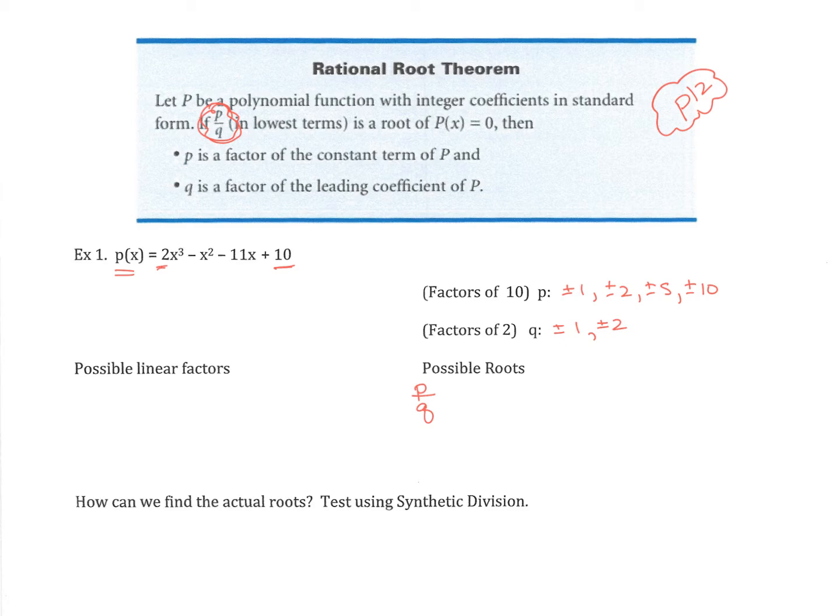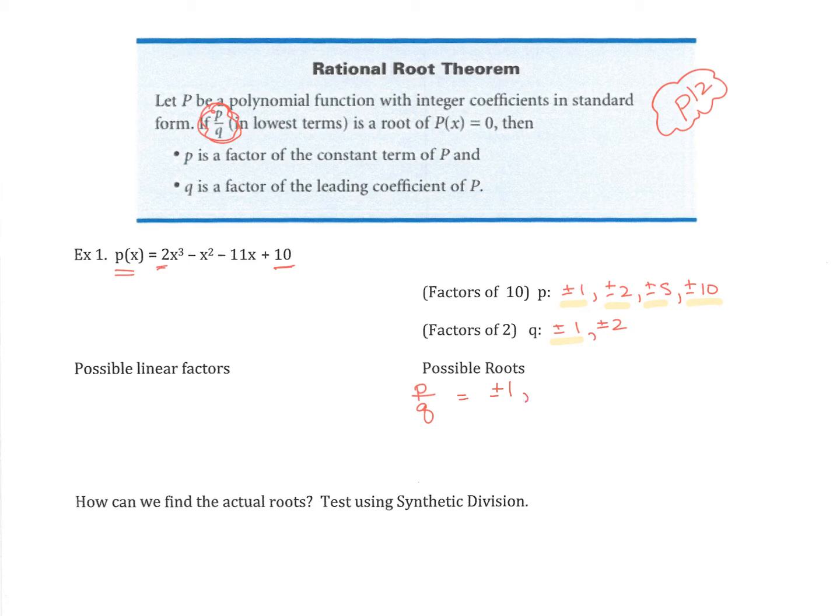And so let's take a look at what some of those numbers would look like. So right now, let me grab my highlighter. I'm going to take each one of these numbers and I'm going to divide by a positive or negative 1. So if I take a plus or minus 1 and I divide by plus or minus 1, my answer is obviously going to be a positive 1 or a negative 1. It depends on what I was dividing by.